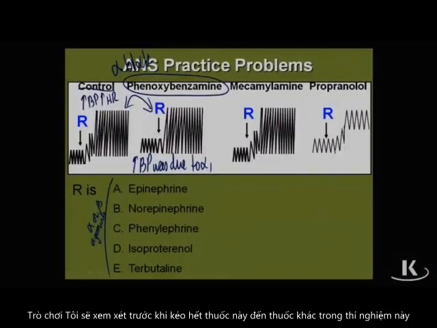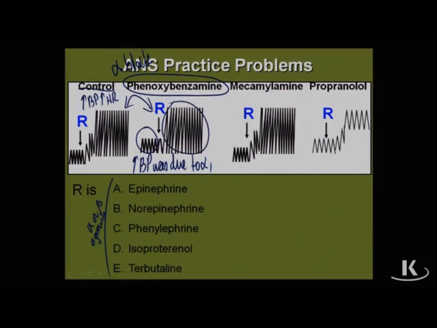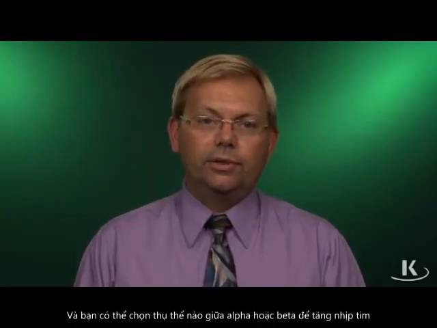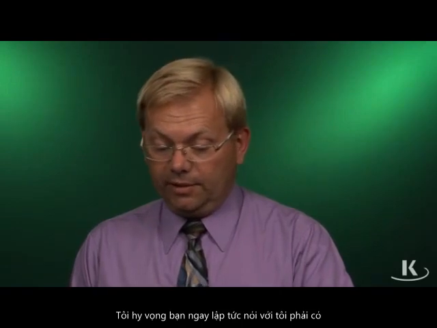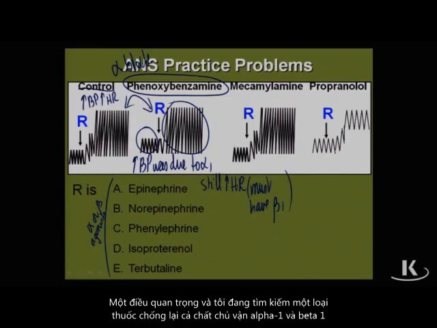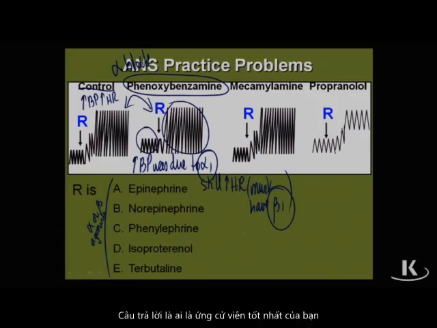I'm going to look at before drug R, after drug R in this experiment. It still increases heart rate. And what is a receptor you could choose from between alpha or beta to increase the heart rate? I'm hoping you immediately tell me it must have beta-1 activity. And importantly, then I'm looking for a drug that is both an alpha-1 agonist and a beta-1 agonist. Who's your best candidate as an answer?